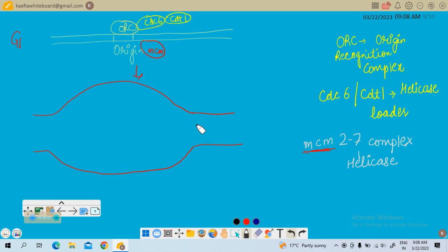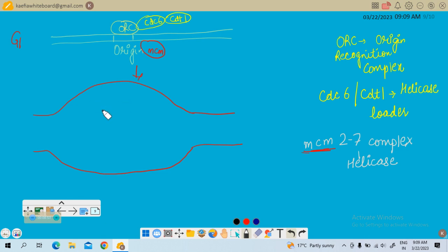Okay, now coming to CDK concentration. Here what happens, CDK concentration increases. I'll write this later.